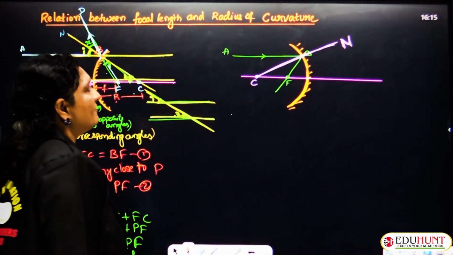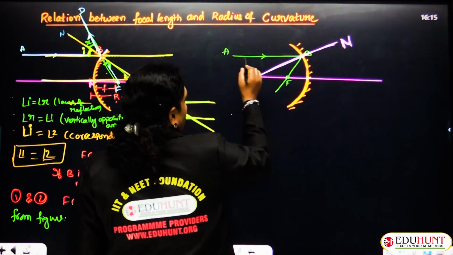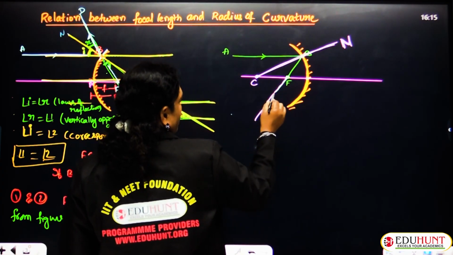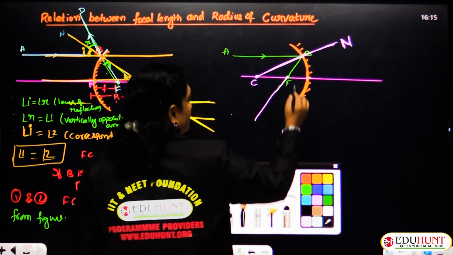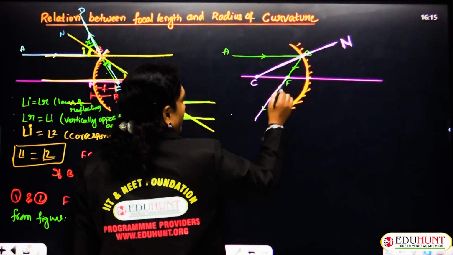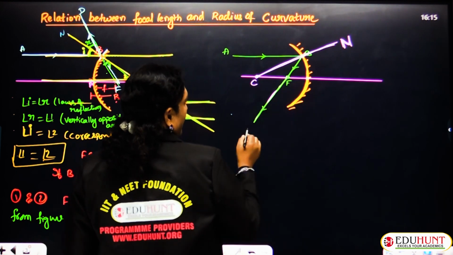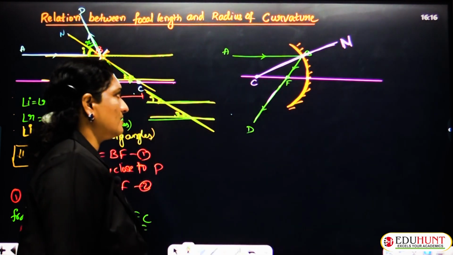So clearly from the figure, AB is an incident ray and BD is a reflected ray.